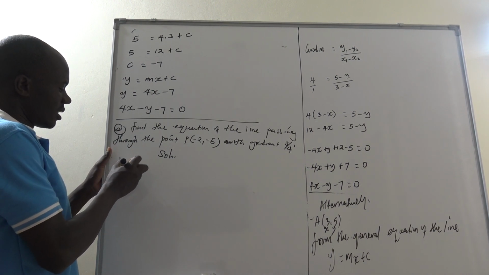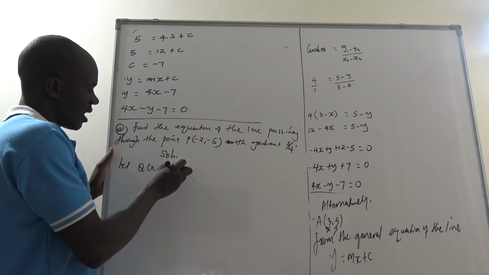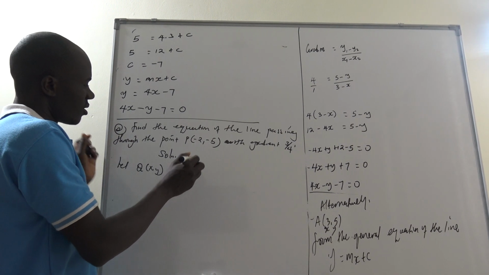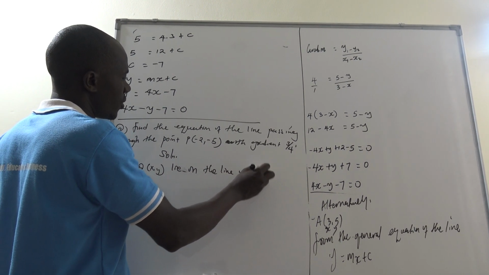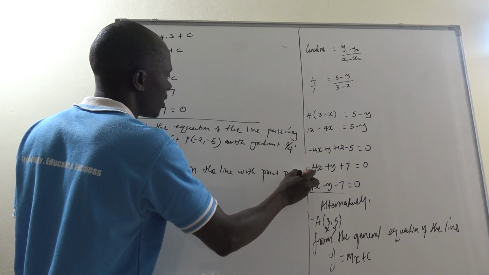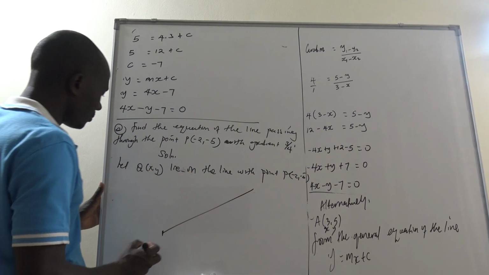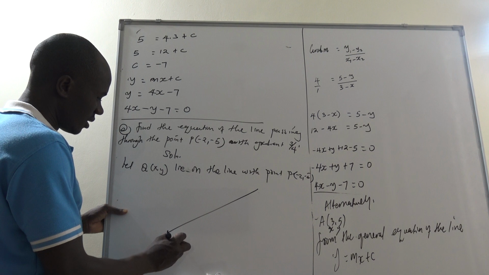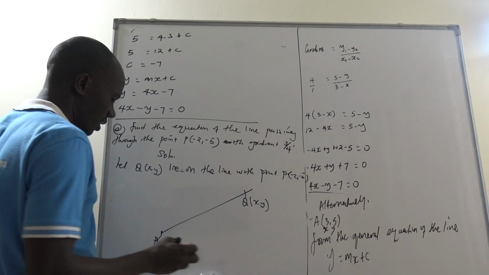We can say let Q(x, y) lie on the line with point P, which is given as (-2, -5). So this is point P, which is (-2, -5), and this is point Q, which we are calling (x, y).